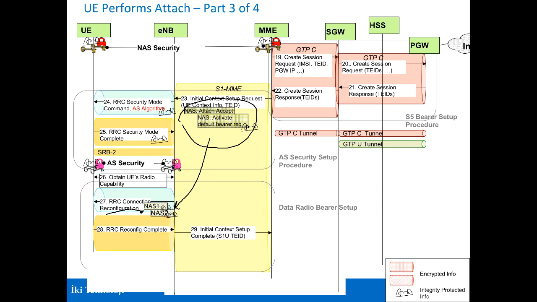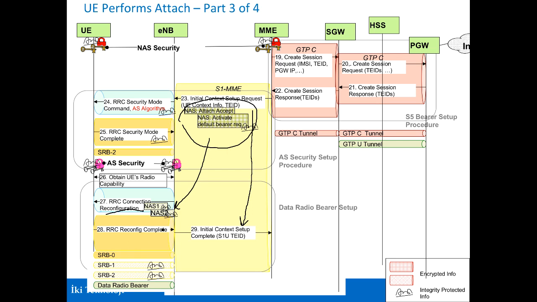The NAS reply still hasn't come back, so you should keep that in mind. So this says, okay, the radio has been set up. Once the radio is set up, the E-Node B goes ahead and gives the initial context setup complete. He gives a response to this message, and he also provides the S1U TEID that needs to be provided to the serving gateway for creating this S1U bearer.